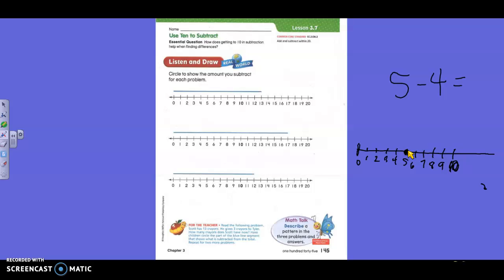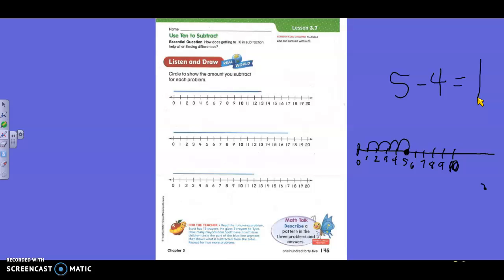And now I'm subtracting 4, so I'm jumping back 4. Right here on 5, 1, 2, 3, 4. What number did I land on? 1. So 5 minus 4 is 1. Does that make sense? Yes. So this is one way to subtract.